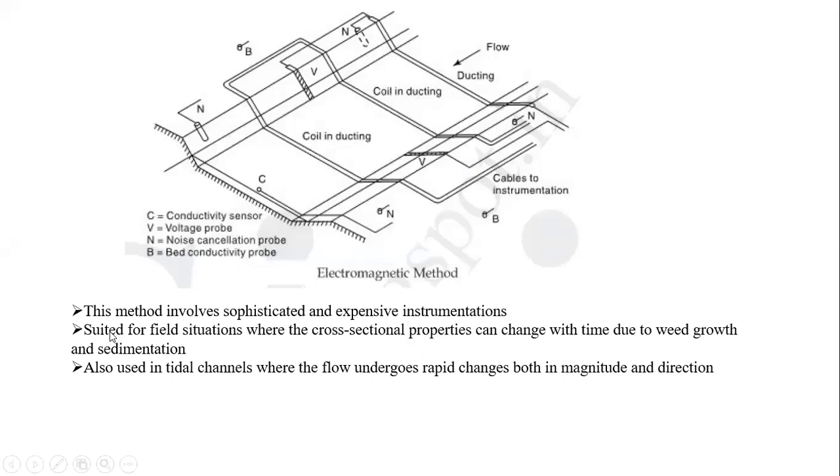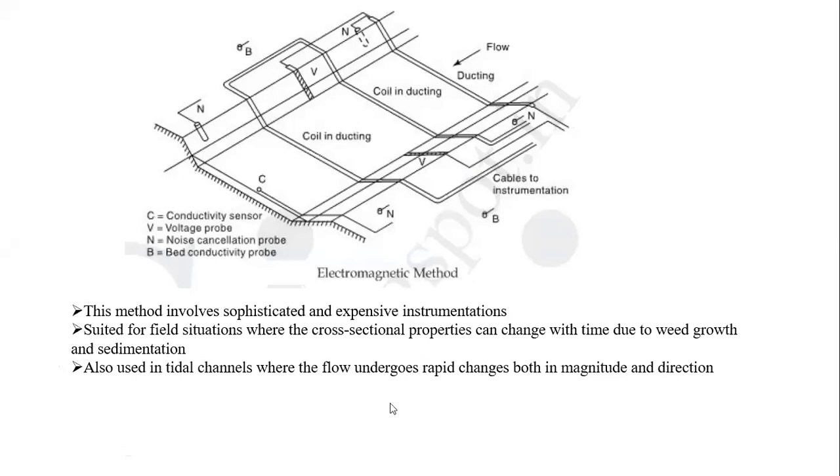It is best applicable for situations where the cross-sectional properties, means the areas where we are going to measure the velocities or the discharge of streams or rivers, are changing from point to point.